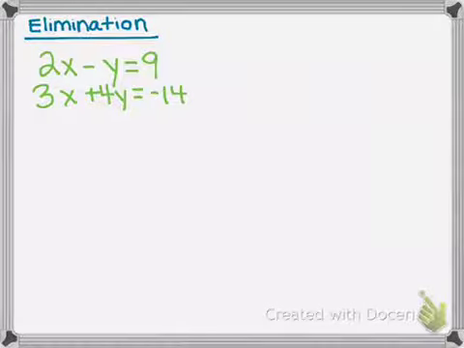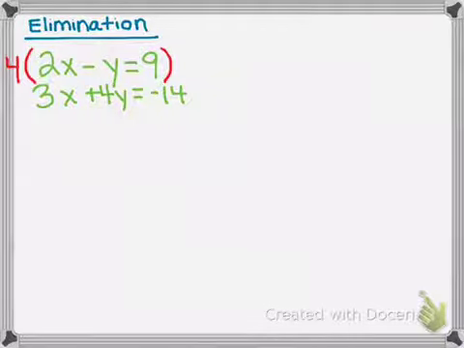So what I can do is do a scale change and multiply this whole top function by 4, because I need y to have a coefficient of 4. Now, you don't have to eliminate the y's. It's the easiest thing to do since you have a positive and a negative already, but you could also eliminate the x's.